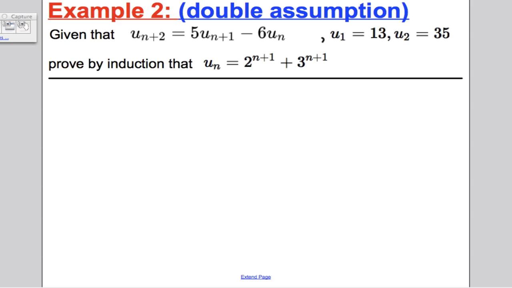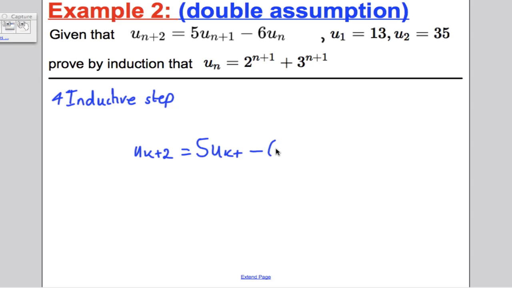That tricky inductive step here. So step 4, the inductive step. We want to work out what happens for u_(k+2). Now we know that's equal to 5u_(k+1) minus 6u_k, and we know something is true about u_(k+1) and u_k.